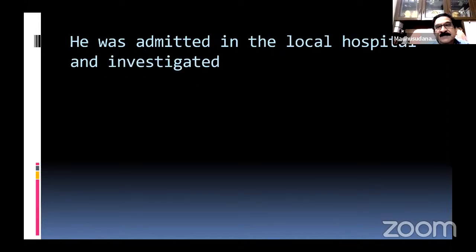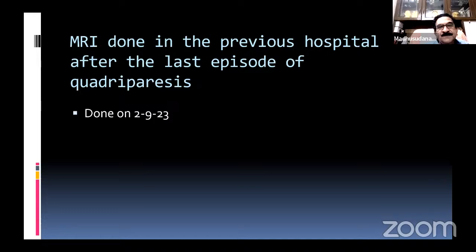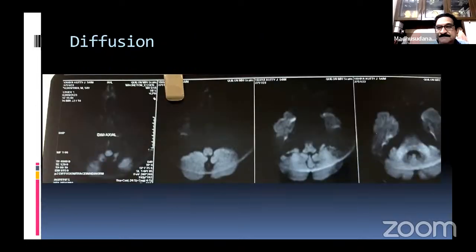So he was admitted in the local hospital and investigated. This is the first MRI, done in the previous hospital after the last episode of paresis. This is the diffusion sequence.